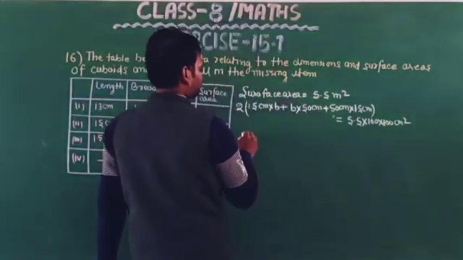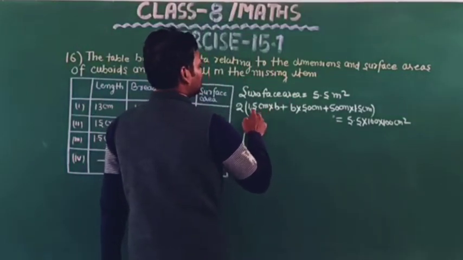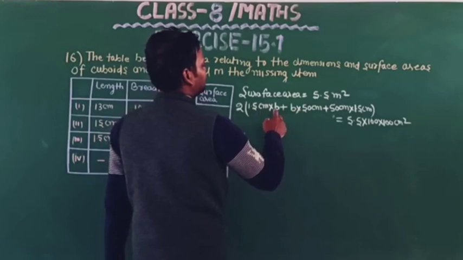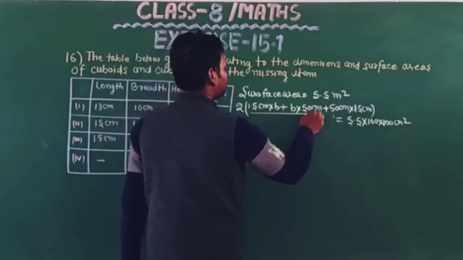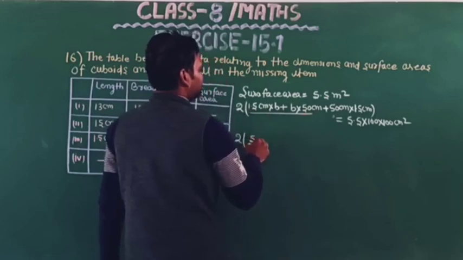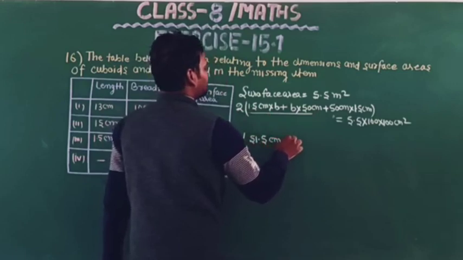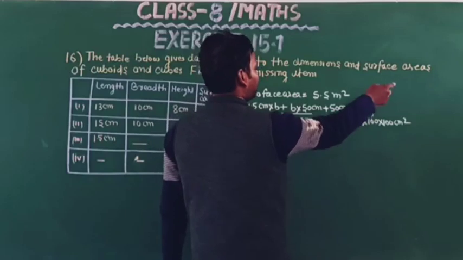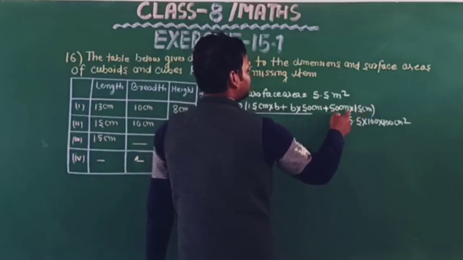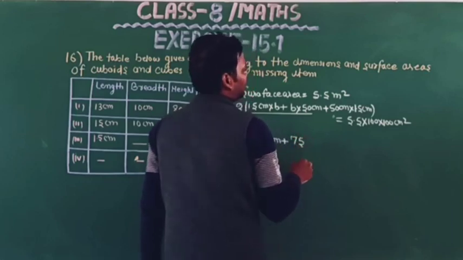So this is 2 into 1.5 into B plus B into 50. After adding these two quantities we will get 51.5 B plus 50 into 1.5 centimeter, so 50 into 1.5 we will get 75.